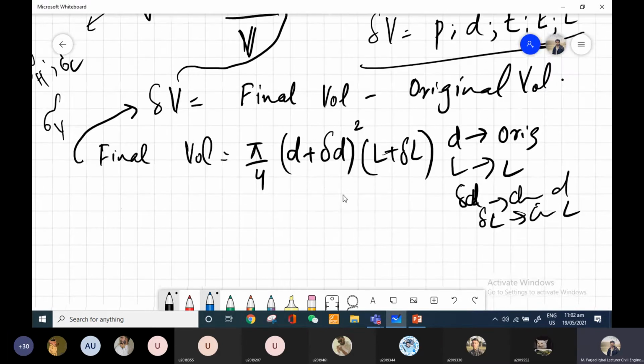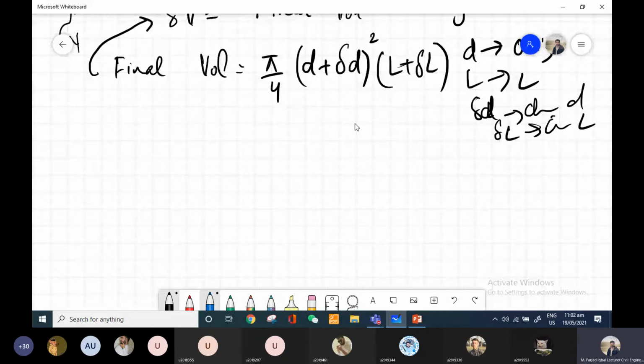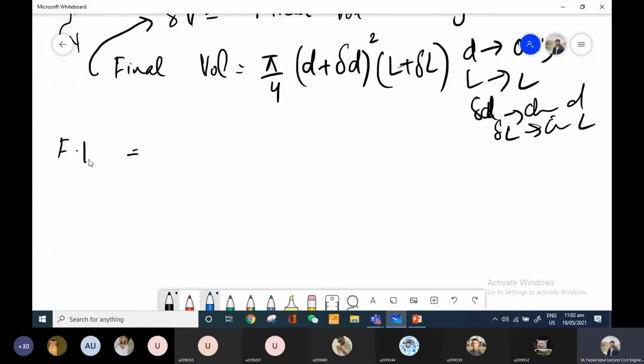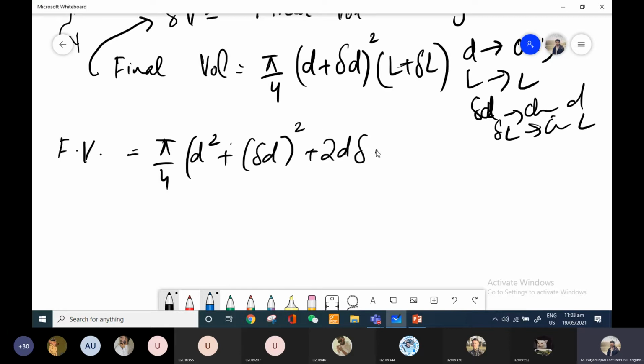So let's just quickly conclude this derivation. Now if I simplify this one, I will get pi by 4. If I open this square, that will be d square plus delta d square plus 2d into delta d, into length plus delta L.